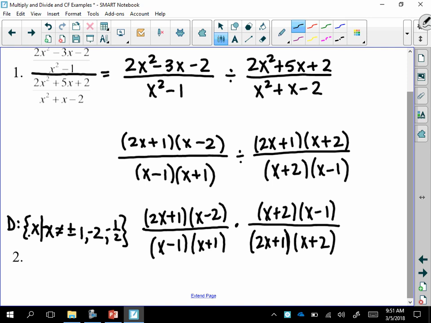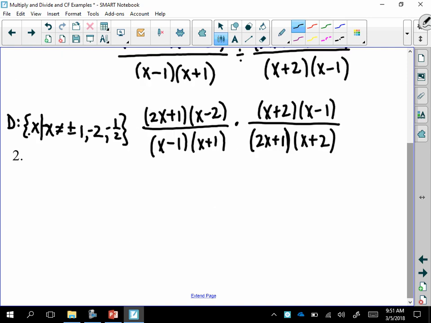So we factored, we've switched this to a multiplication, we've identified the domain along the way, and so now we're ready to cancel anything that cross cancels. So looks like the 2x plus 1s will cancel, the x minus 1s will cancel, the x plus 2s will cancel, and so the simplified form would be x minus 2 over x plus 1.